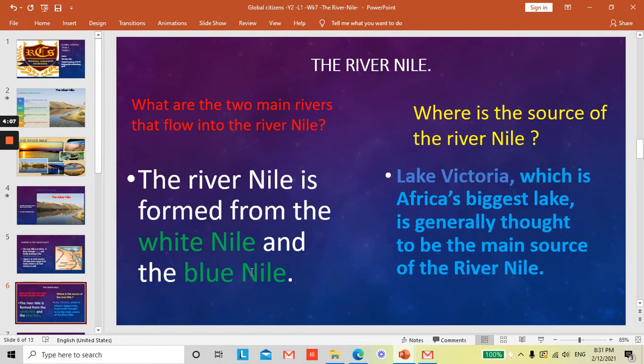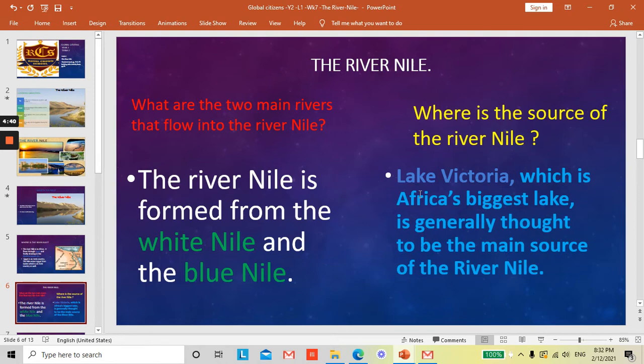Also, the River Nile has a source. Lake Victoria, which is Africa's biggest lake, is generally thought to be the main source of the River Nile.